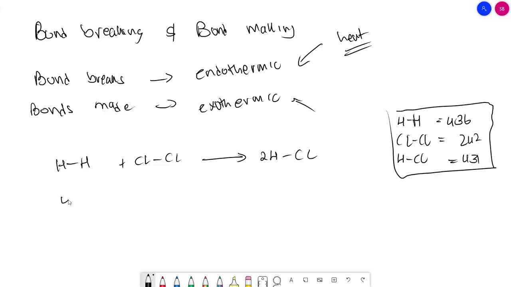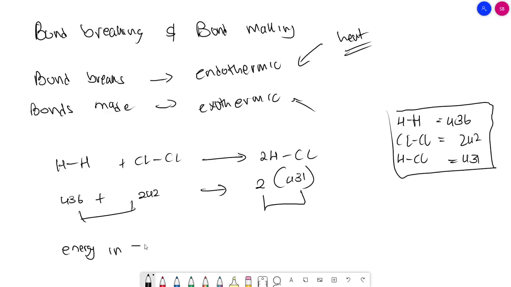So with this that they usually provide, what you have to do is quite simple. You just have to add it. So here would be 436, here would be 242, and then here would be 431. After this, you would add this up. And to calculate the energy change, you always have to do energy in minus energy out.